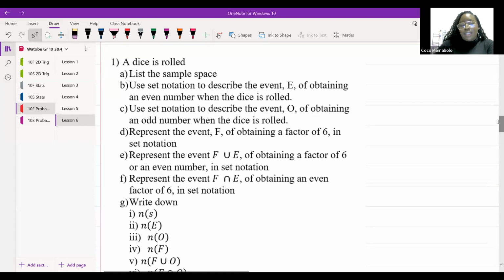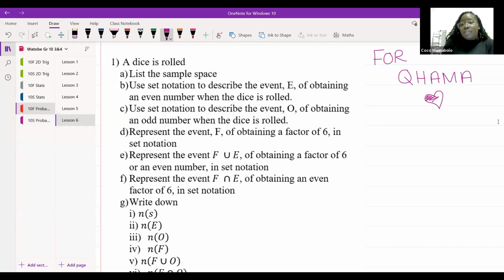This particular question is specifically for Slavery. The reason I'm saying that is because she sent me a question via email the other day, and she sent me the memo.